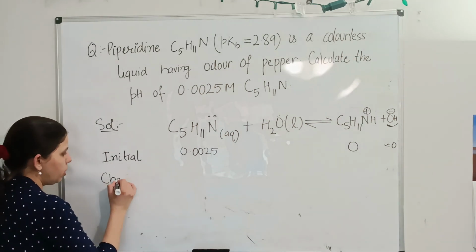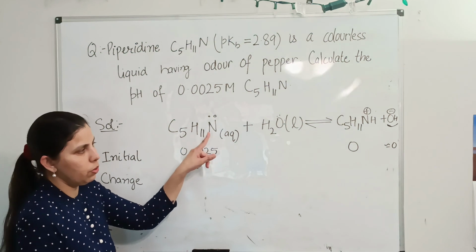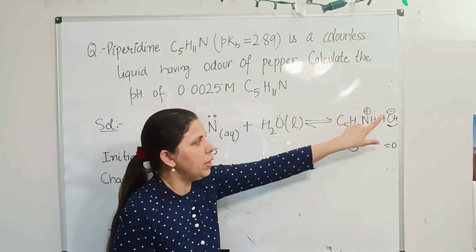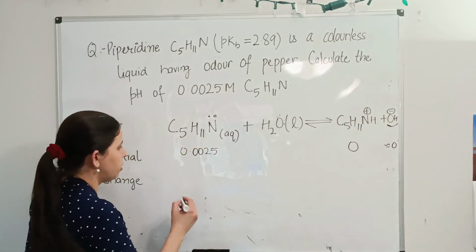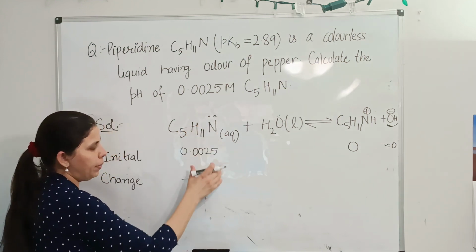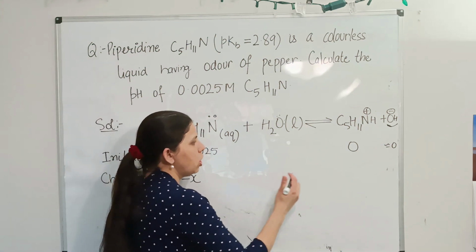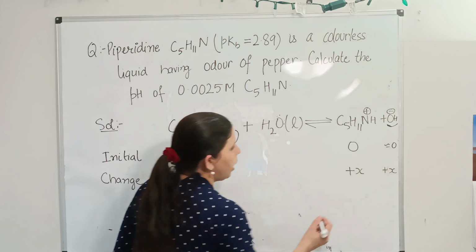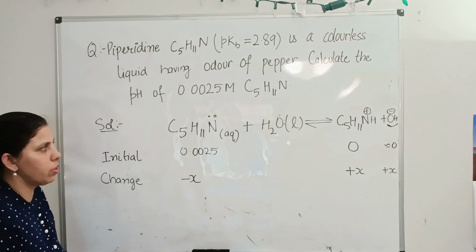As the reaction proceeds, reactants are being consumed, so their concentration is bound to decrease. Products are being formed, so the concentration is increasing. Suppose X moles per liter of piperidine get consumed as the reaction proceeds, so this much is the change. The same amount of products would be formed: X moles per liter of protonated piperidine, X moles per liter of hydroxide ion.